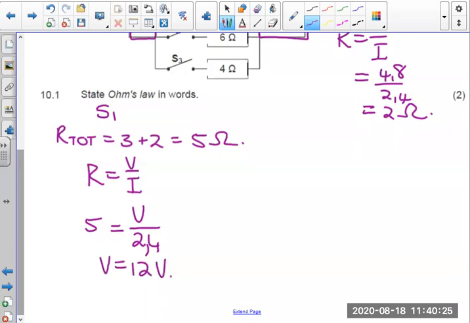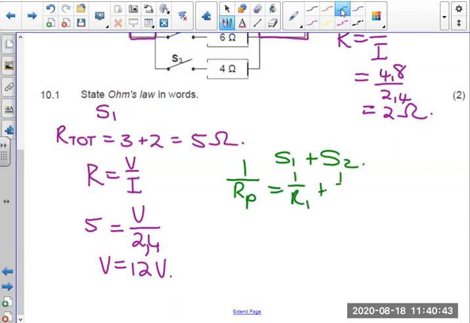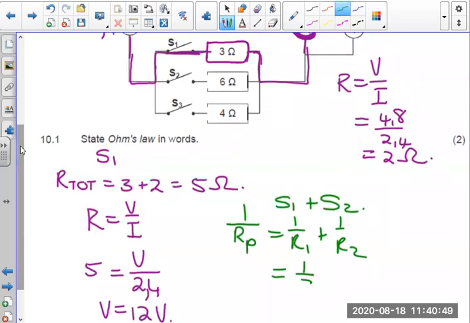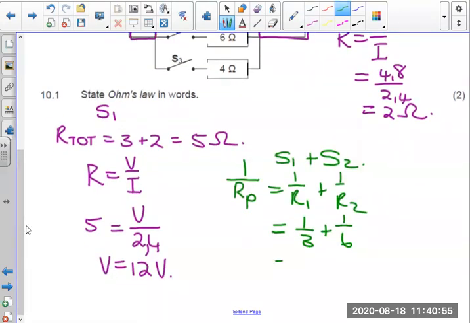Say, for instance, you choose to use that switch S1 and S2 closed. Now when we work out the total resistance, we first have to work out the resistance in parallel, which is going to be R1 and R2. And then we're going to say it's 1 over 3 plus 1 over 6. So when we work this out in parallel, we get an answer of 1 plus 2, which is 3 over 6. So R parallel then is going to be 2 ohm.